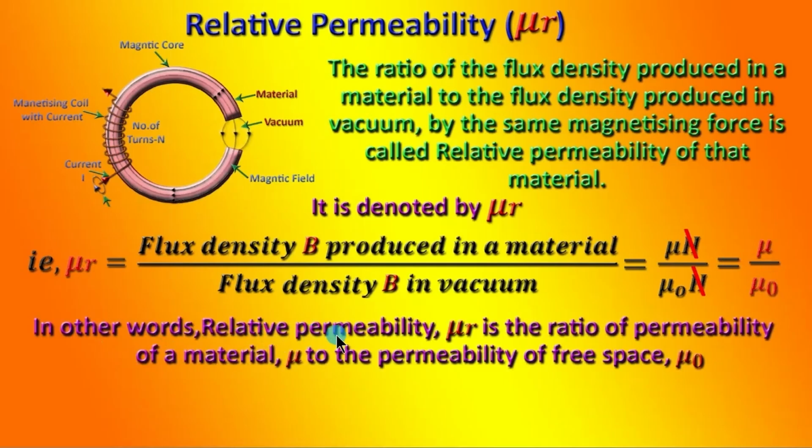In other words, relative permeability mu r is the ratio of permeability of a material mu to the permeability of free space mu 0. When this mu 0 is brought here, mu is equal to mu 0 into mu r. As B is equal to mu into H, flux density of that material is equal to mu 0 mu r into H.